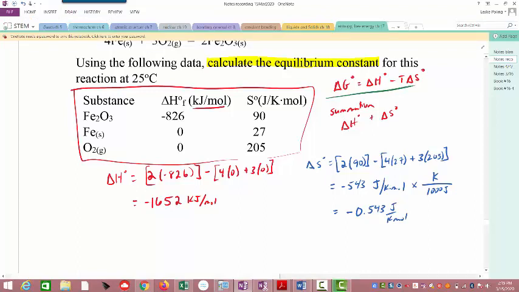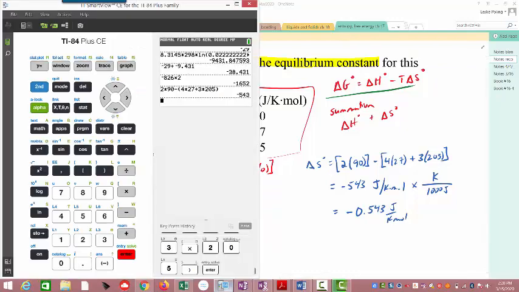So now we can substitute into the Gibbs equation. So delta G equals delta H minus T, again we're at 25 degrees Celsius, which we know is 298 Kelvin, times negative 0.543 kilojoules per Kelvin mole. So our Kelvin cancels, and we have kilojoules per mole for both of them, so we can add those.